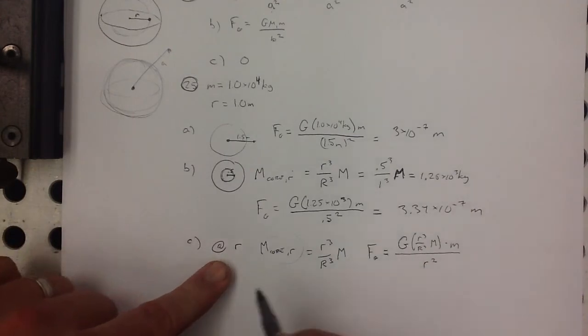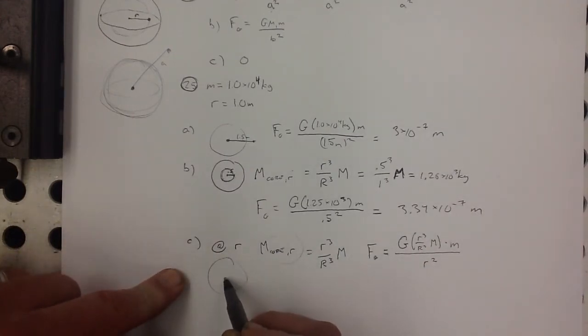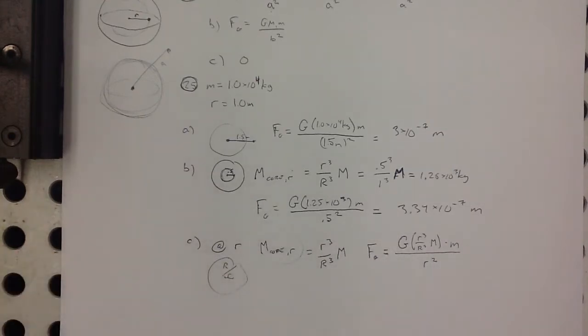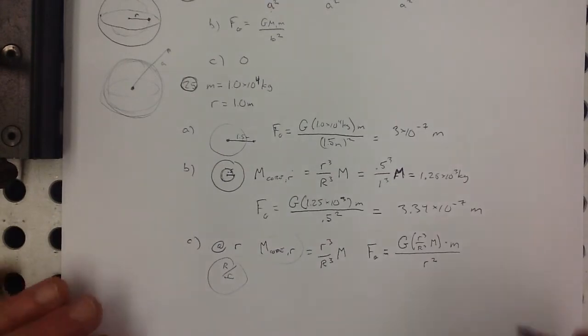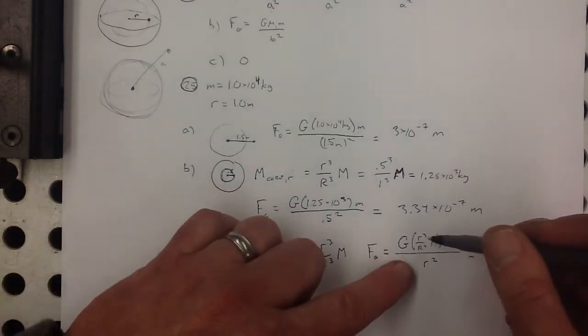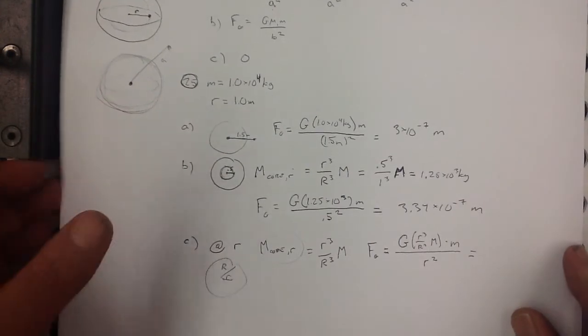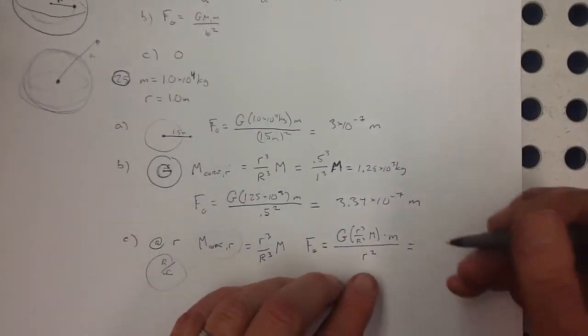And important to note here that I'm at a distance r from the center, so the r here, the distance between the centers, is this small r, not the big R. The big R is the fixed radius of this.